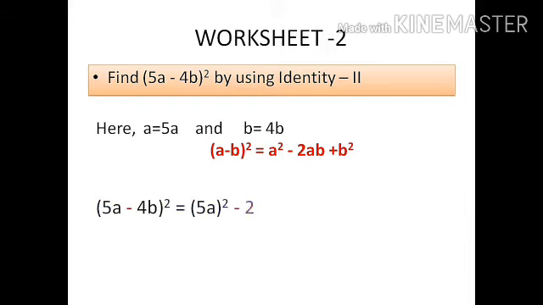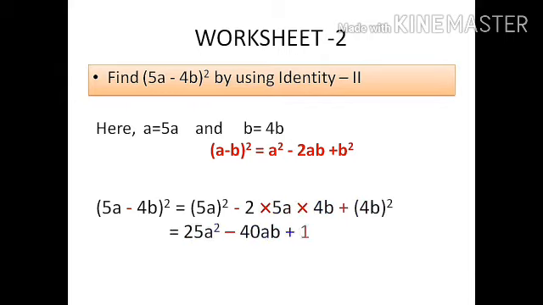So (5a minus 4b) whole squared equals (5a) whole squared minus 2 into 5a into 4b plus (4b) whole squared. After simplifying, we get the extended form of (5a minus 4b) whole squared equals 25a squared minus 40ab plus 16b squared.